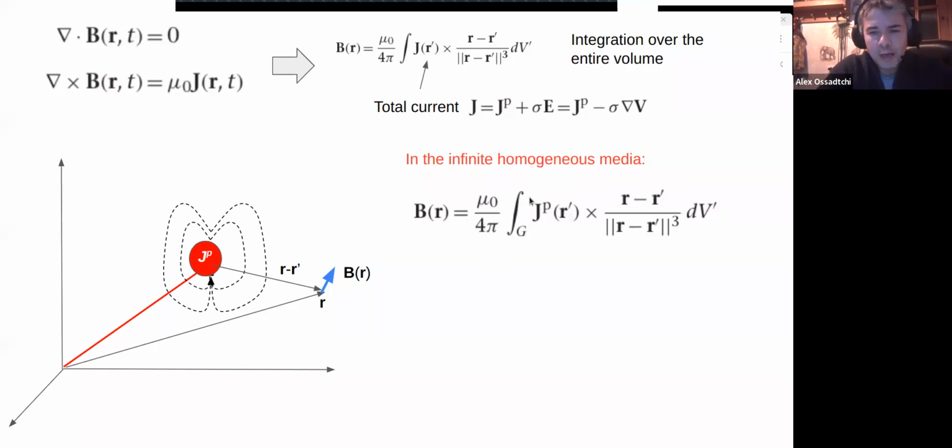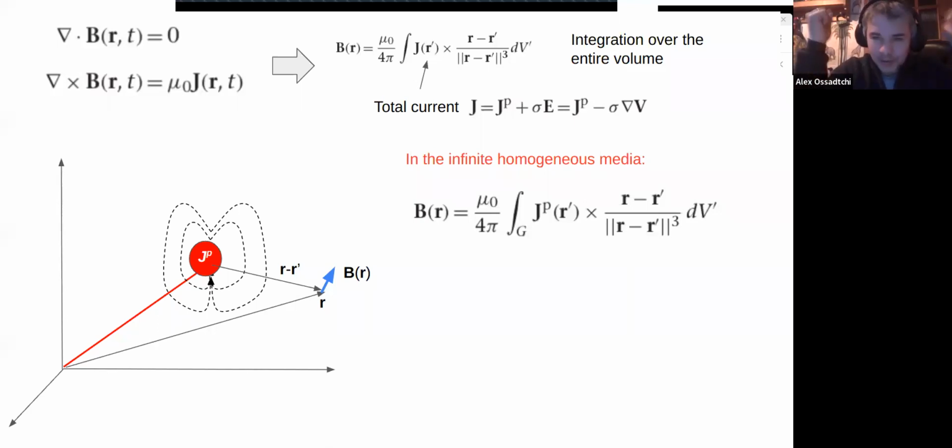Again, see the difference between this expression and this expression: instead of the integral over the entire volume, we have an integral only around the volume G, where the primary currents are taking place, and we are not taking into account secondary currents. Why? Because in the infinite homogeneous media, the secondary currents create magnetic fields, but these fields are such that they cancel each other. That's fantastic.